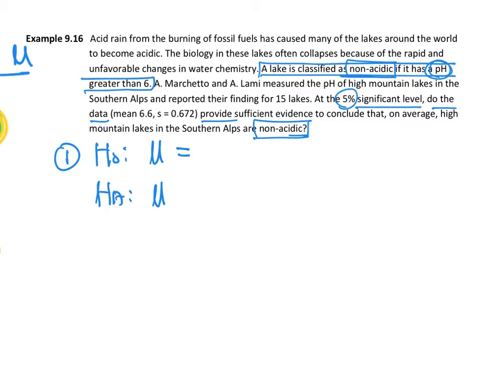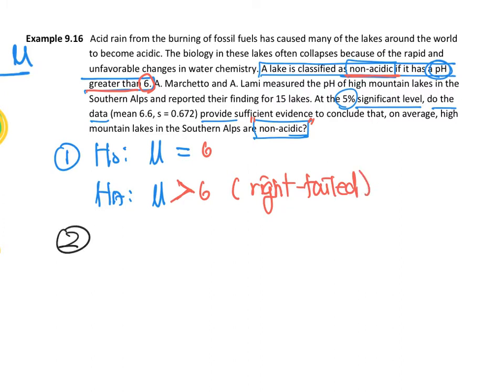So we want to test if the lake is non-acidic, that is, whether pH is greater than 6. So it will be greater than, a right tail. It's good, right?